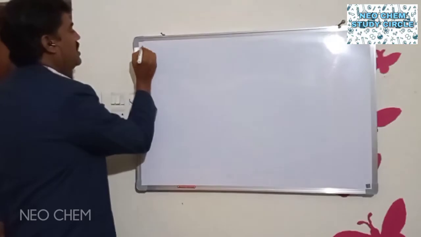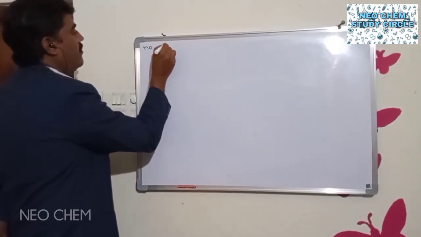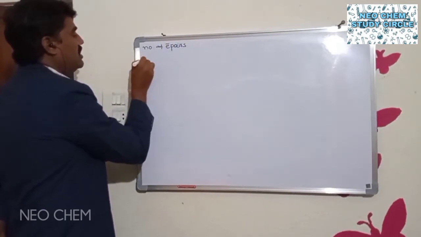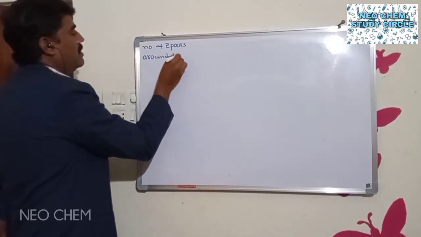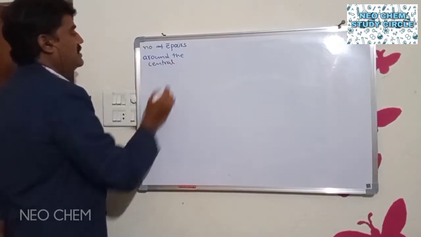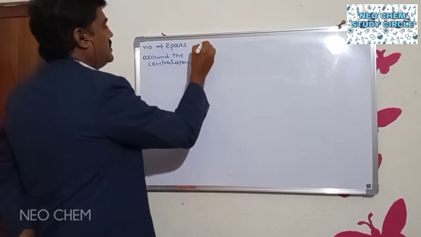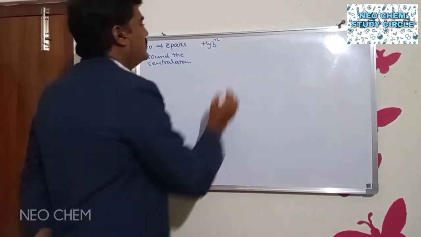Here in the first column, number of electron pairs around the central atom. Okay, number of electron pairs around the central atom is the first column. Next, type of hybridization in the second column.